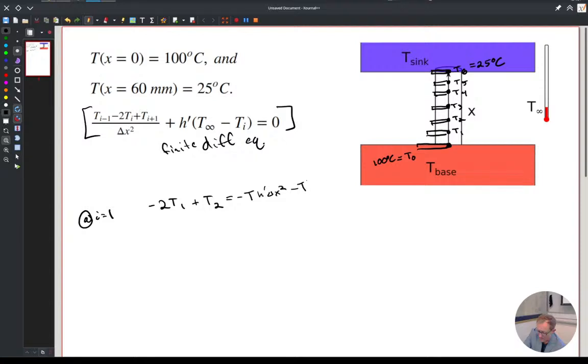That's going to be a negative 2 plus h prime delta x squared times that.